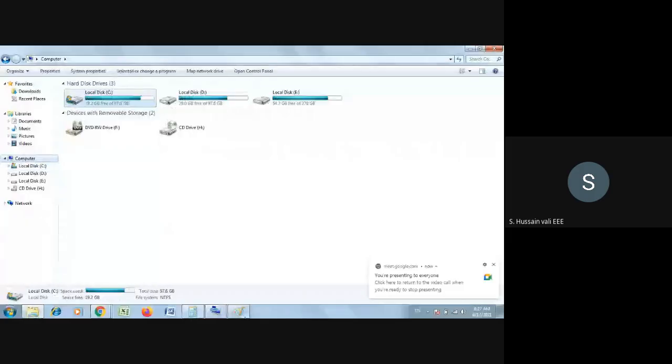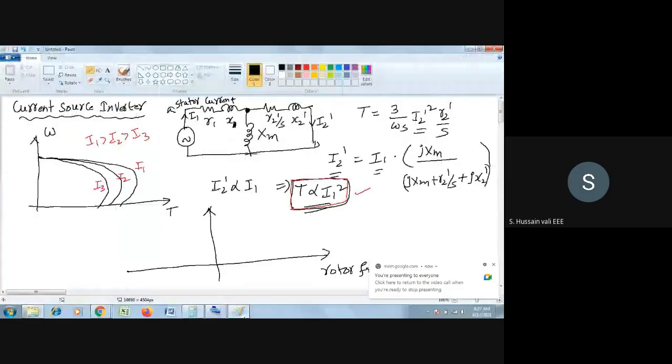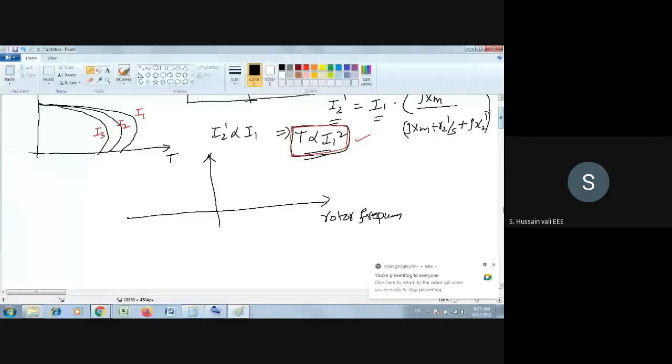Please see this here. We are drawing the graph between, so one plot I have drawn between the stator current and the torque, and we will draw the relationship between stator current and the rotor frequency. The graph will be something like this.